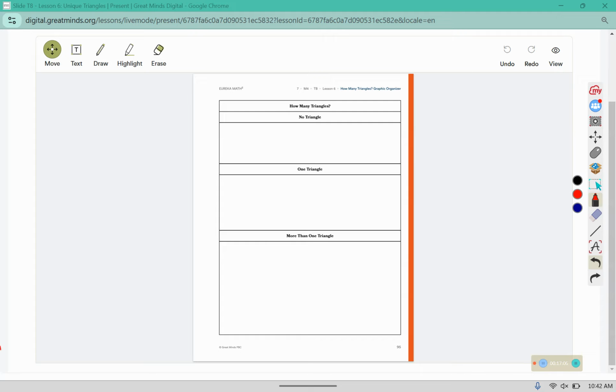Well, we weren't able to create a triangle if the sum of the 2 small sides was not greater than the largest side. And in our warm-up from today, we also saw that we weren't able to create a triangle if the sum of the angles was more than 180.